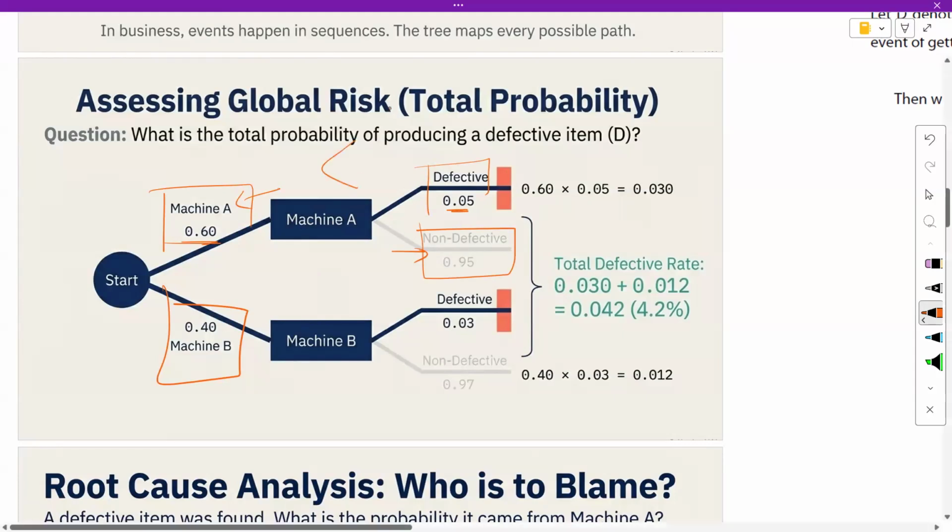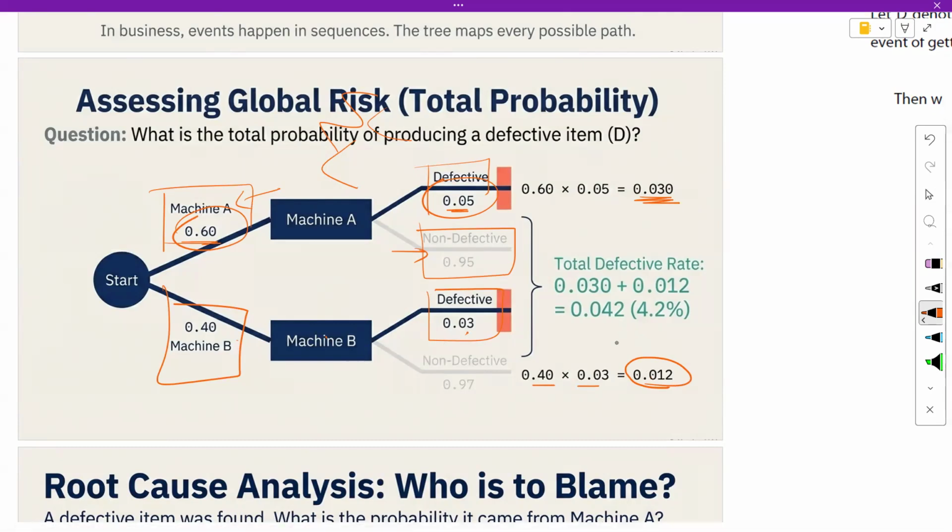This is a sequence: 0.6 times 0.05. For machine B, the probability of a defective item is 0.03. Then we multiply these two, and here we get 0.012.